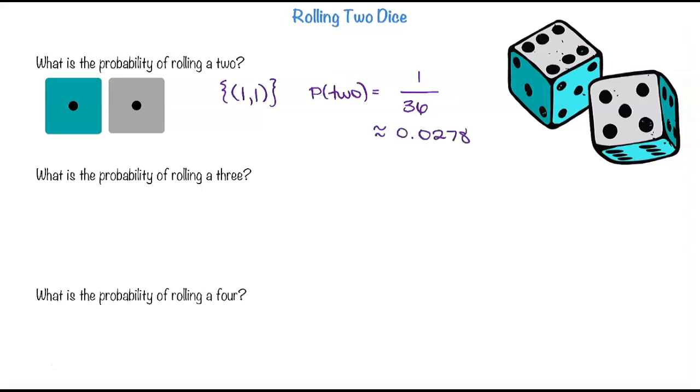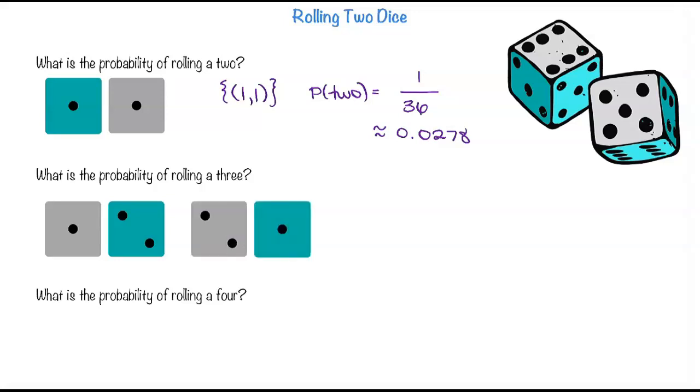Now let's consider the probability of rolling a 3. That's the 2 dice having a sum total of 3. This time there's a couple of different ways we can add up to 3. The first dice could be a 1 while the second one is a 2, or the first could be a 2 while the second is a 1. So this event has the 2 outcomes of 1, 2 and 2, 1.